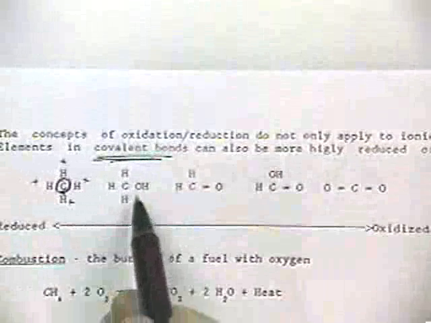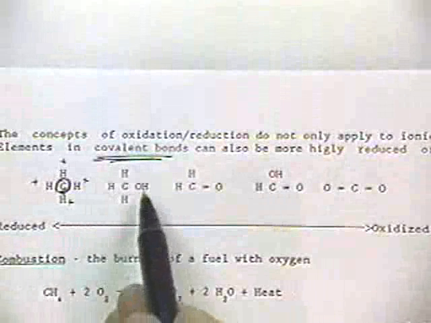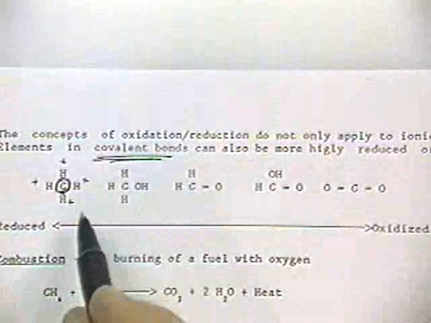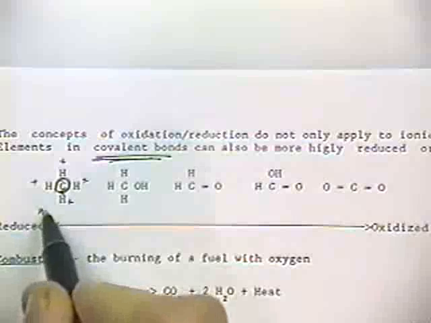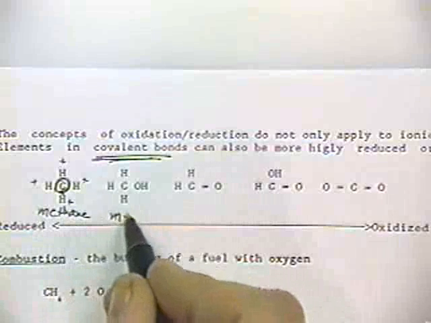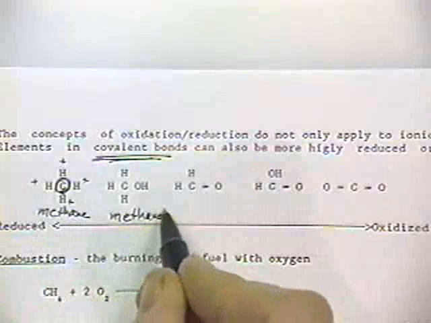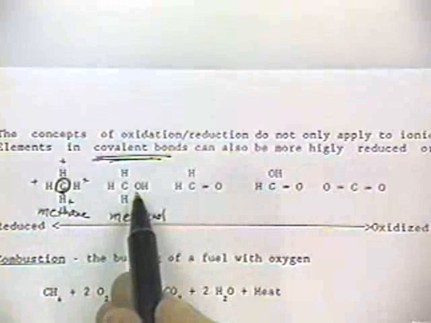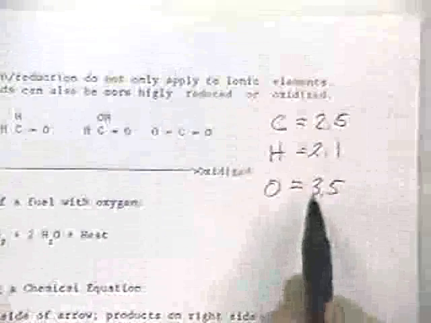If we then introduce an oxygen into the chemistry here, by the way, this is methane. This is called methanol. So by introducing an oxygen into the chemistry, oxygen has a very strong electronegativity.